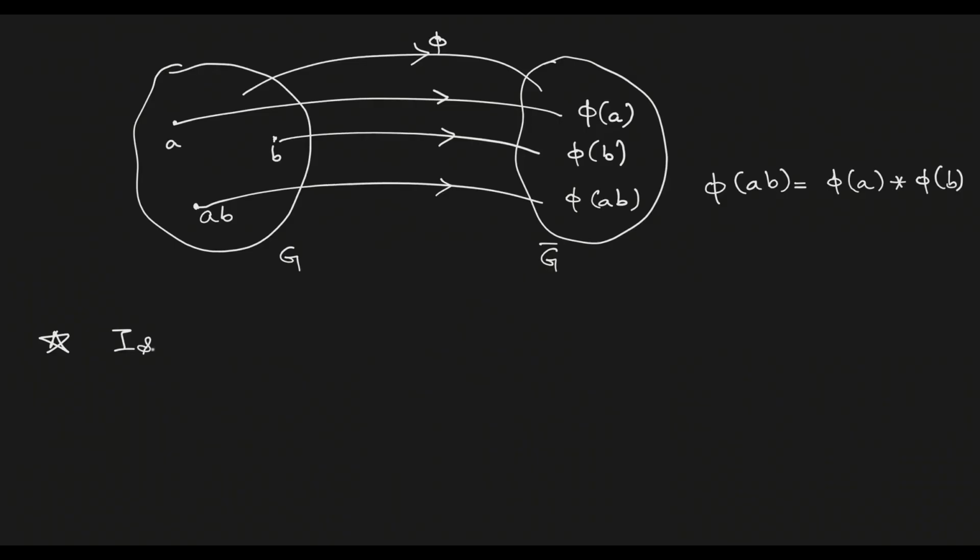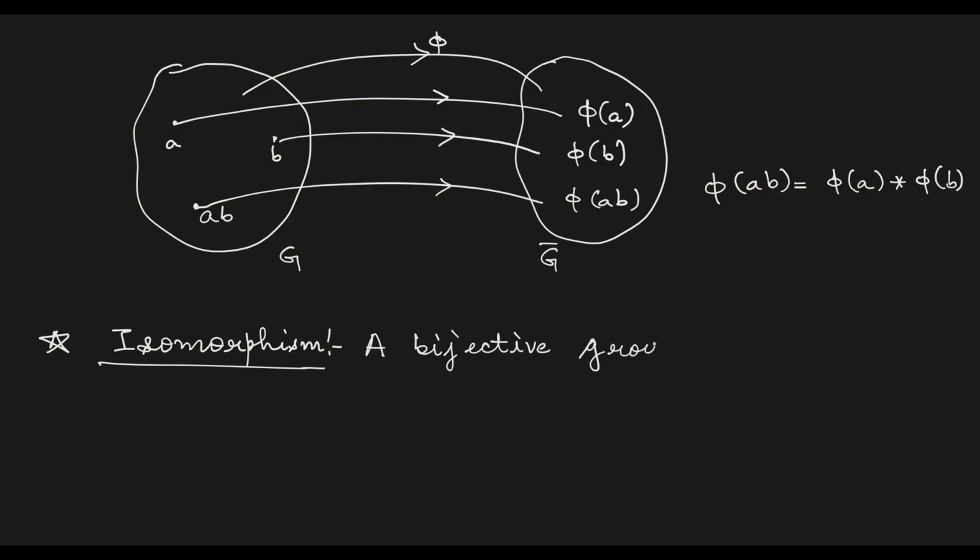Next, isomorphism. So isomorphism is also a group homomorphism plus one-one and onto also. So a bijective group homomorphism is called an isomorphism.